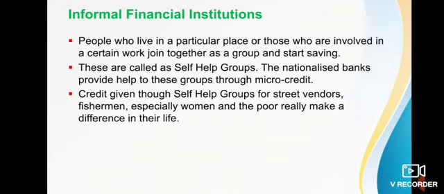This group contributes a small amount of capital and the remaining amount is given by the bank as credit, and they start a new project or new industries. Credit given through self-help groups to street vendors, street side shopkeepers, fishermen, especially women and the poor, really makes a difference in their life.